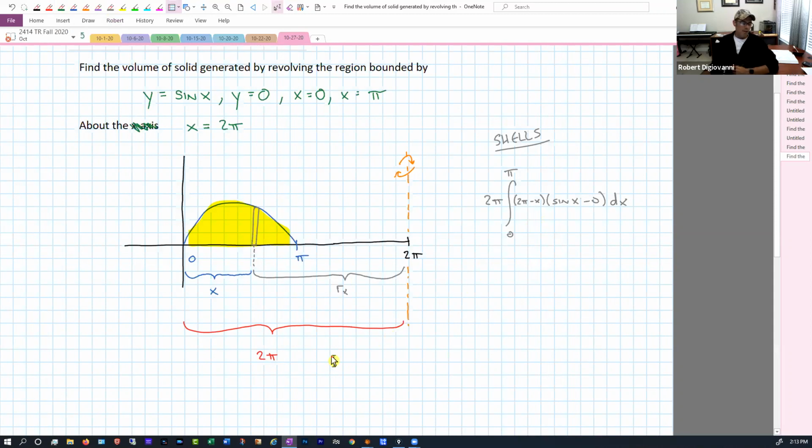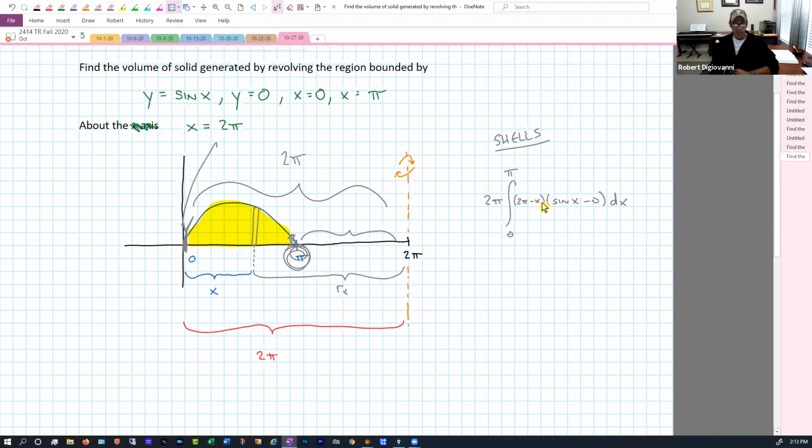And then what's cool about it is that if you actually pick some values of x, it makes sense. Like if x is 0, what would you get if you plug 0 in for x? You get 2 pi, wouldn't you? So if we start right here at x equals 0, the distance from here to here should be 2 pi. Now, by the time we get to pi, at that last rectangle, the distance should be pi, right?